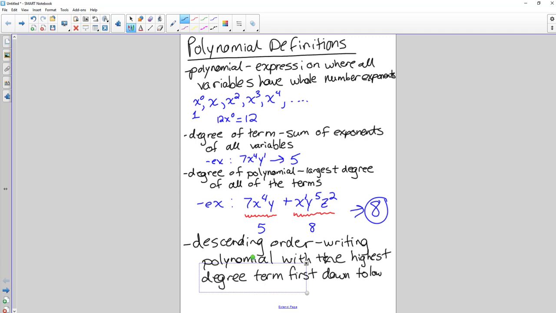So like the last one we just did would not be in descending order because you would want to put the term with the degree of 8 first and then the one with degree 5.